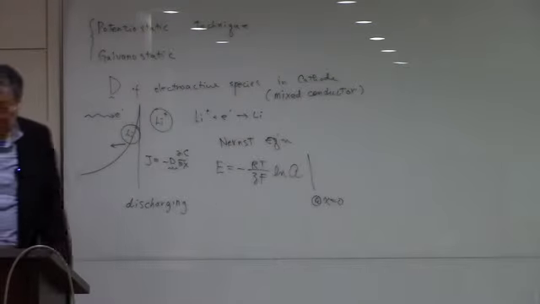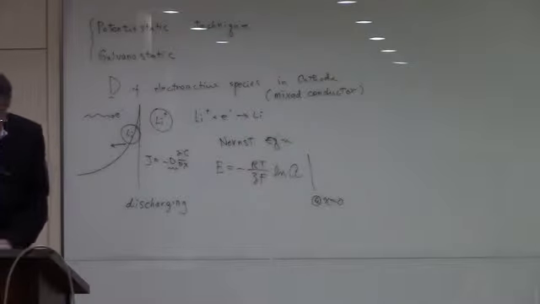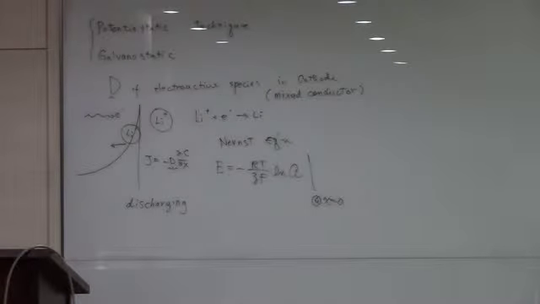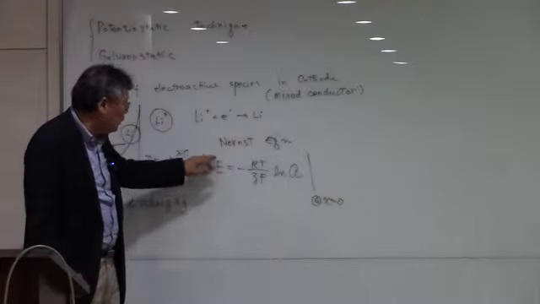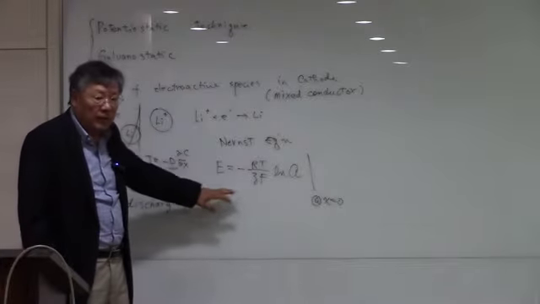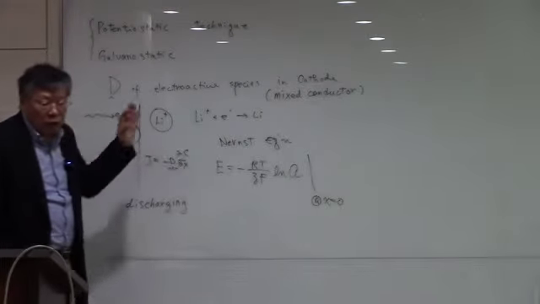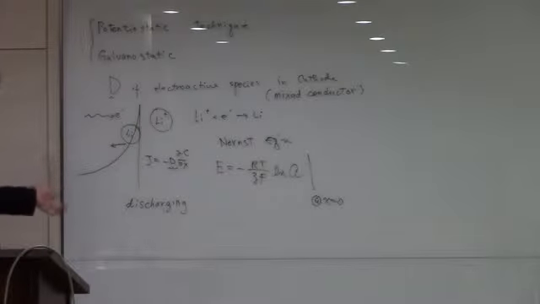diffusion coefficient, and in the potentiostatic method, you apply a constant voltage, which is determined by this fact, okay? And then you monitor the current change, okay?